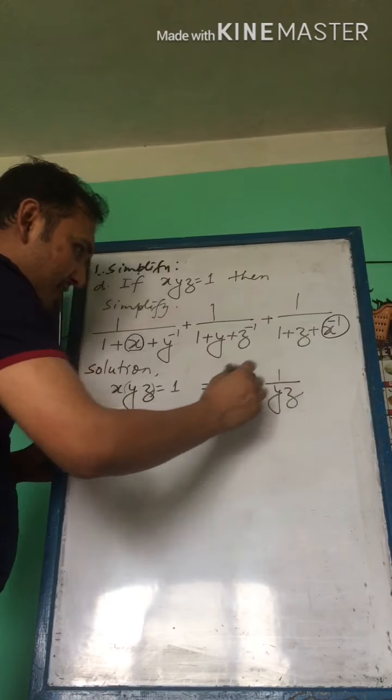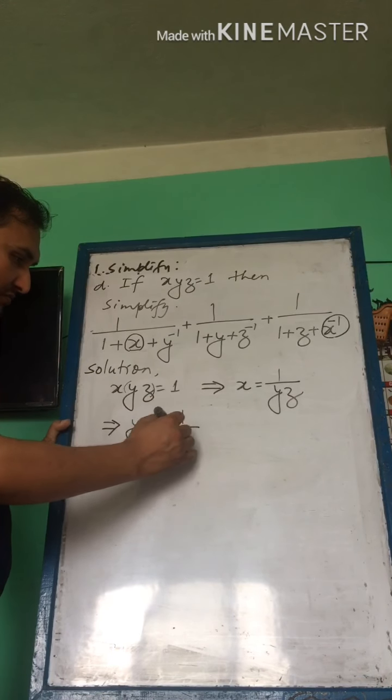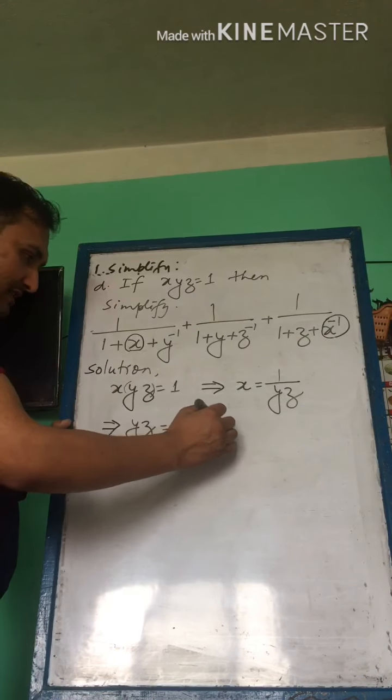So let us see here also. x inverse will be written as how much? For that, let us see. This implies xyz equals 1, so keep yz on this side only. What will x be when it goes to that side? It will go in division form.